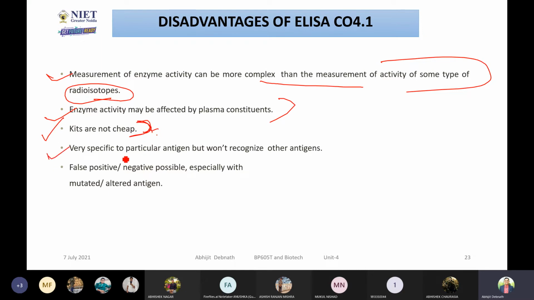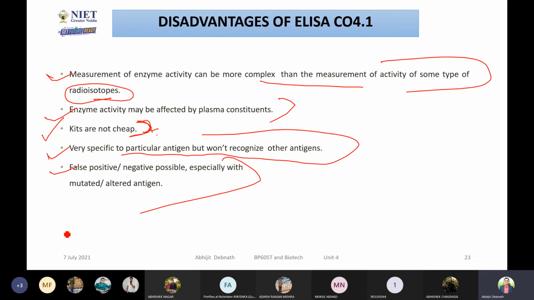It is specific to a particular antigen and does not recognize other antigens. False positives: a lot of the time you will observe false positive results. It's a big problem. Somebody has HIV, but after the ELISA test the result says no, you do not have HIV. Somebody does not have HIV, but the result says yes, you are positive for HIV. Such problems should not happen.